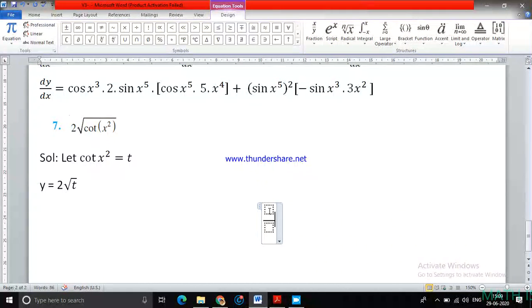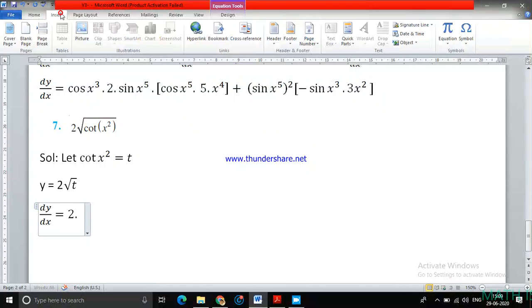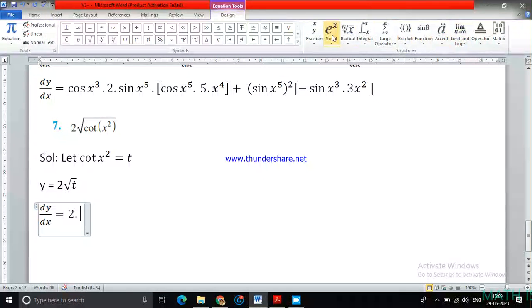dy by dx is equal to, so what do you get? 2 is a constant, so it will remain as is. 2 multiplied by, now derivative of root t is 1 by 2 root t.